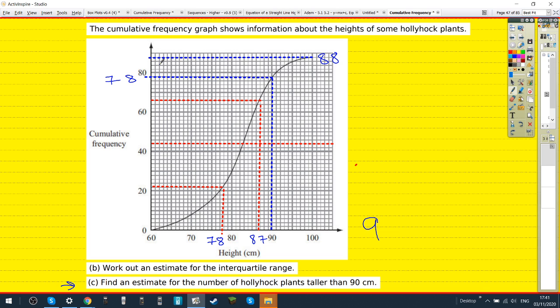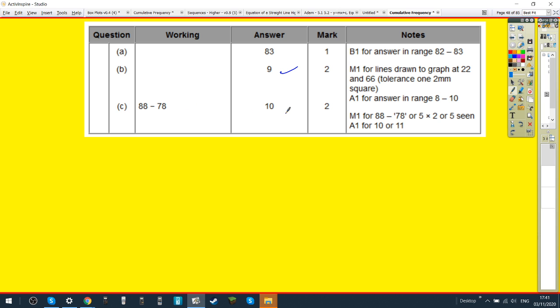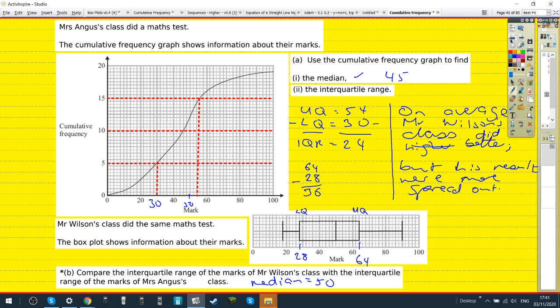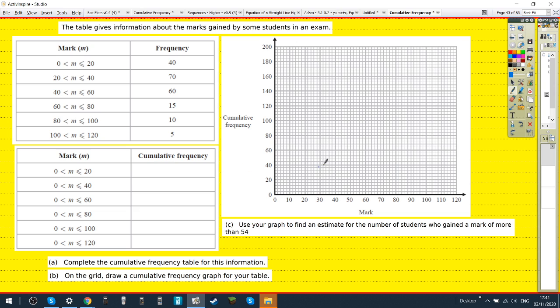So it goes up to 88. So 10 more. I should have said plants. 10 plants. Yep, there we go. 88 minus 78. Well done.